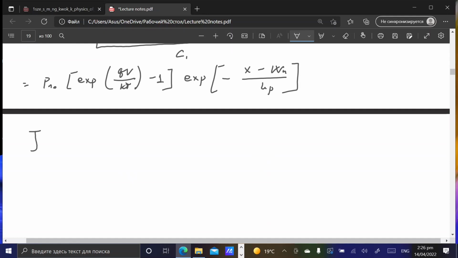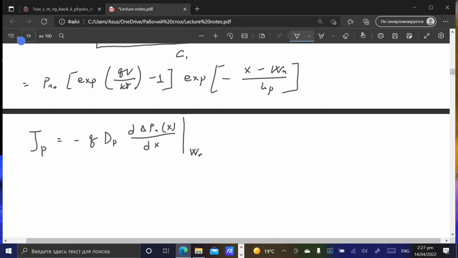So JP, the current density of minority holes in n-type semiconductor because of diffusion, will be equal to minus Q times DP times the first derivative of the excessive minority charge carrier concentration over position, d delta Pn(x) divided by dx at position Wn.